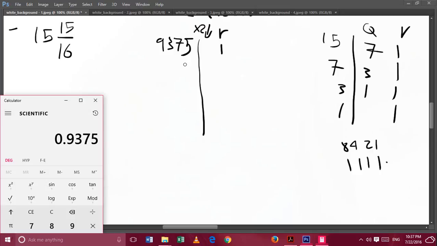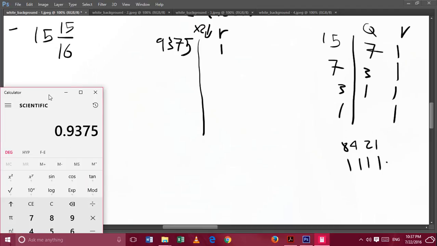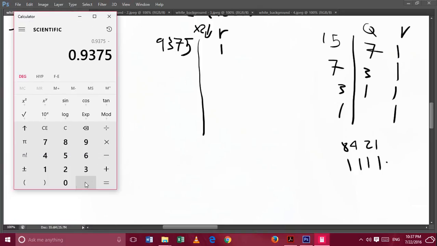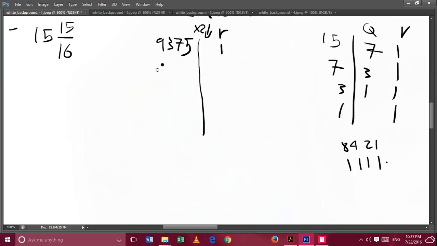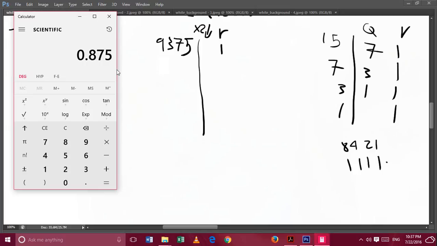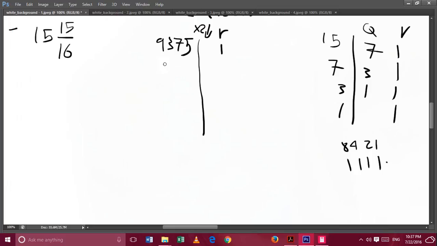So this number minus half, times 2 equals, and then we write this down here. Okay, so that would be 875, and we do the same algorithm.